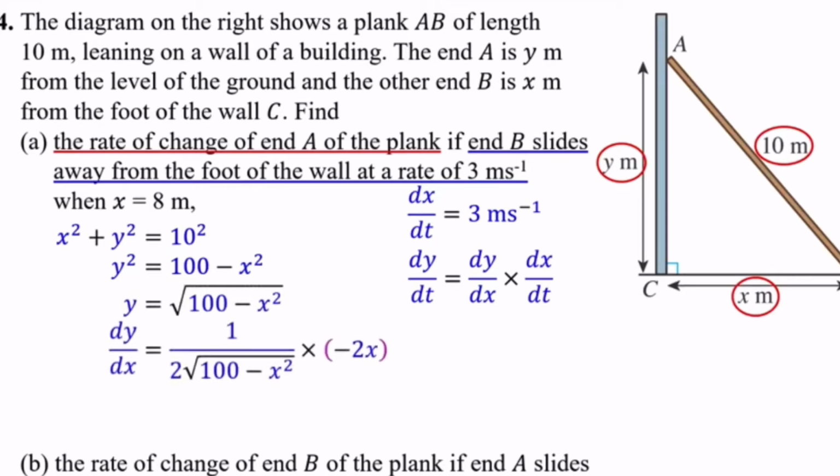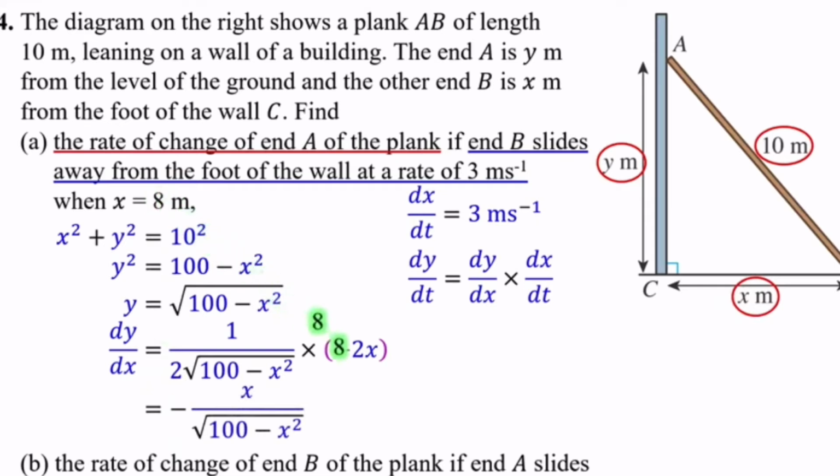So we will differentiate dy/dx. We get 1 over 2 square root of (100 minus x squared), and then we will multiply by the derivative of the inside, and we are getting an answer which is negative, right? Because when we differentiate negative x squared, we get negative 2x.